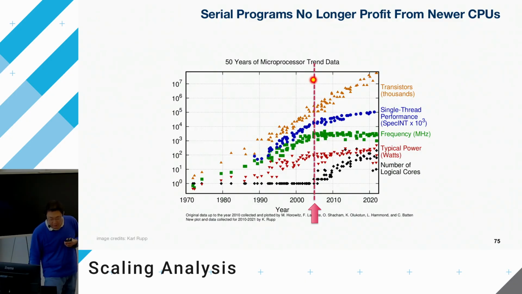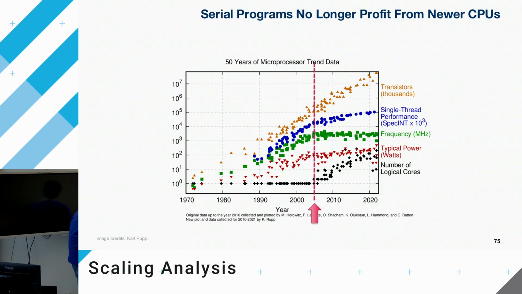And regarding the scalability, with increased power of computation, it was automatic. If we look at this plot from the 1970s to 2004 or 2005, everything increases almost linearly. Everything, I mean the number of transistors, single thread performance, frequency, and so on.